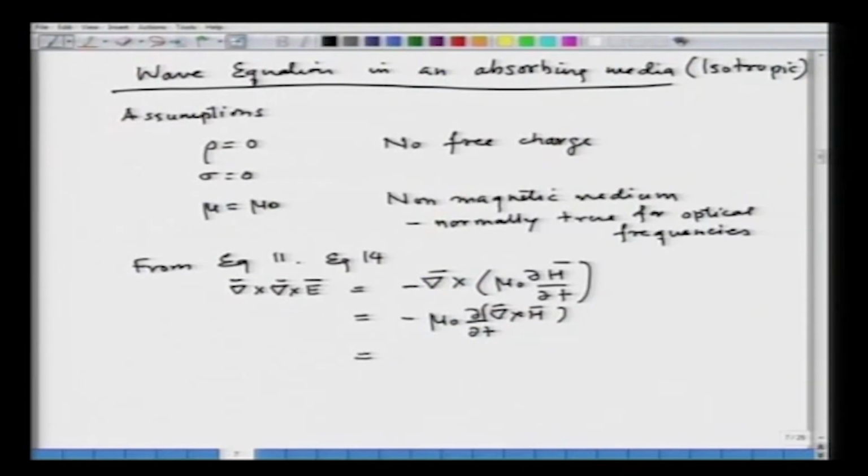Now, by using equation 13, we can further simplify this part, and this will become this. It is obtained by using the relationship 13 and assuming epsilon independent of time.